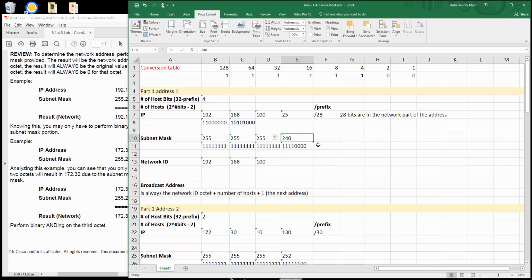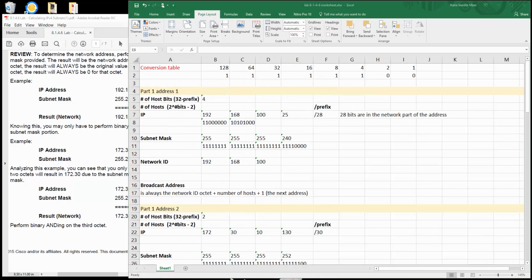And how you do that is you compare the binary equivalent of these decimal numbers. So we already know 240 is 11110000. I'm going to compare that to the binary equivalent of 25. That's my number I'm looking at.